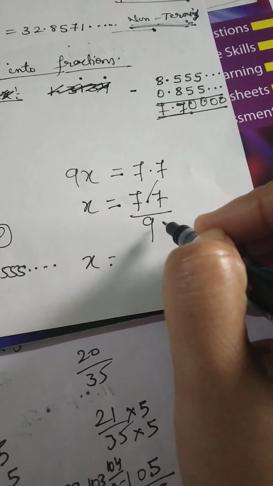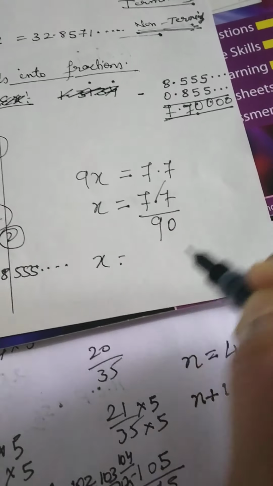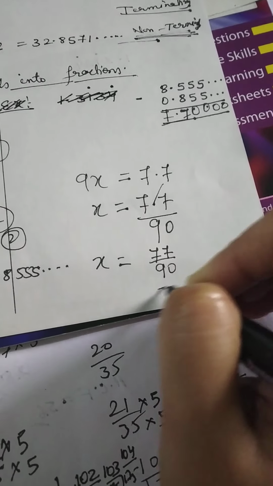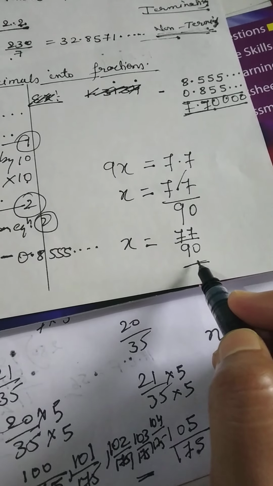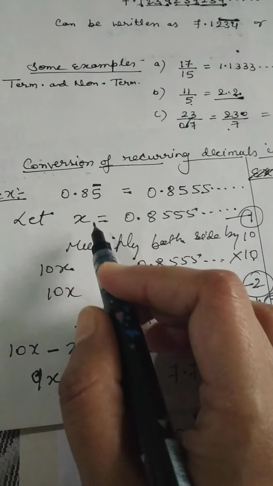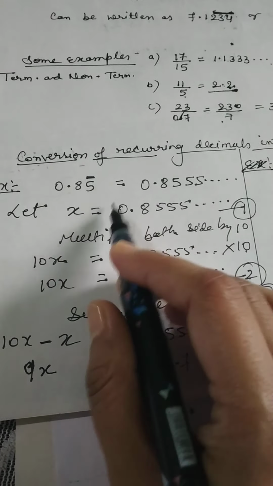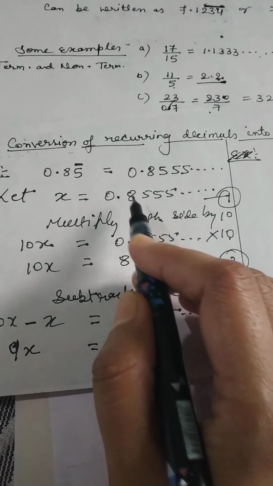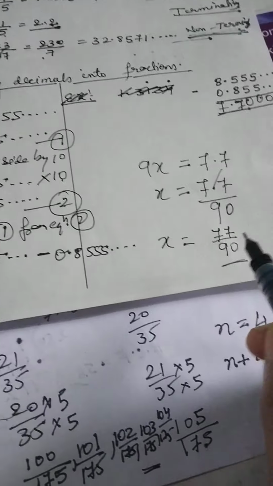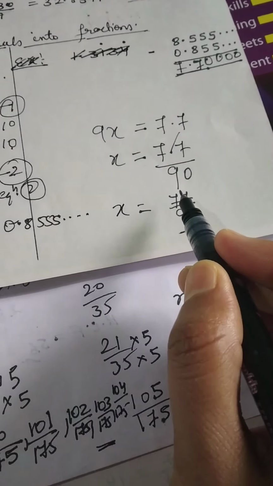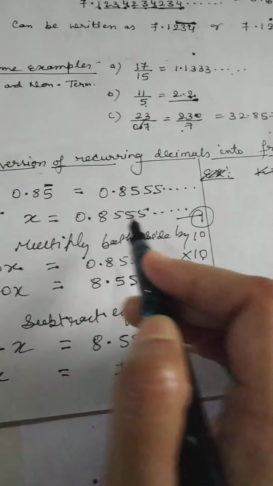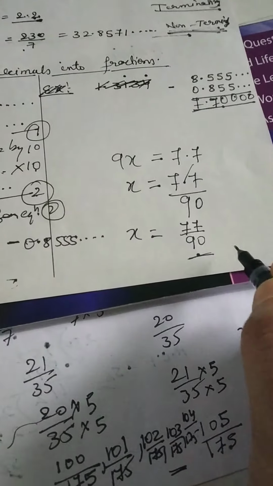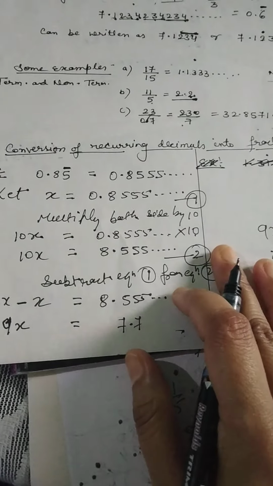If you remove the decimal, we'll get here 10. 77 by 90. x is equal to 77 by 90, and we have already let this x be equal to this, means we have converted this recurring decimal into a fractional number. Got it? Recurring decimal into a fractional number. This is the method you can apply for all other questions.